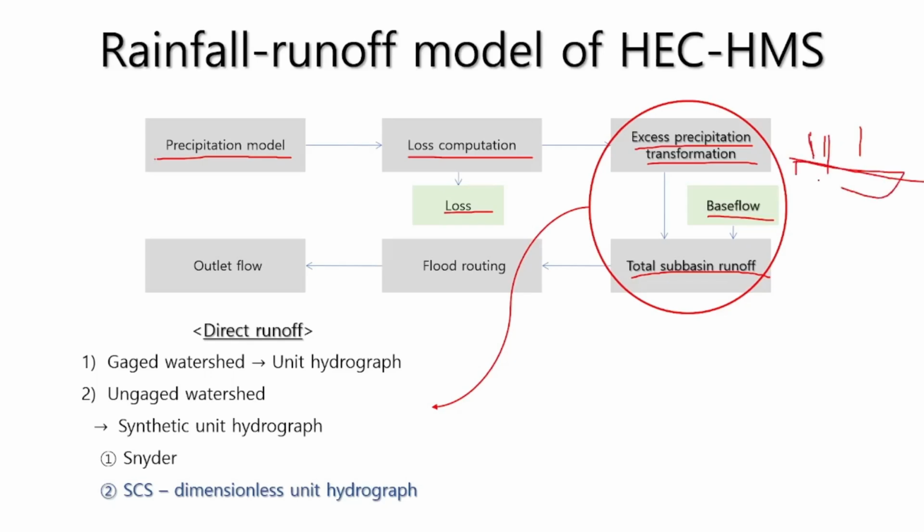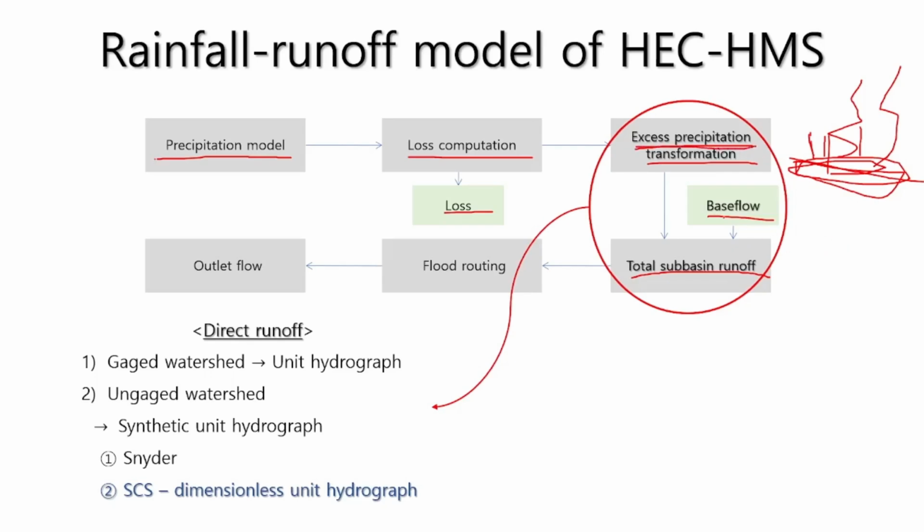It gets blocked by a tree or a building, and also it could be some precipitation that just evaporates right away. And so whatever precipitation makes it to the ground becomes excess precipitation.